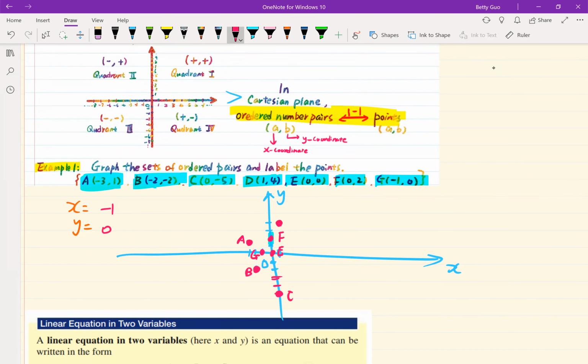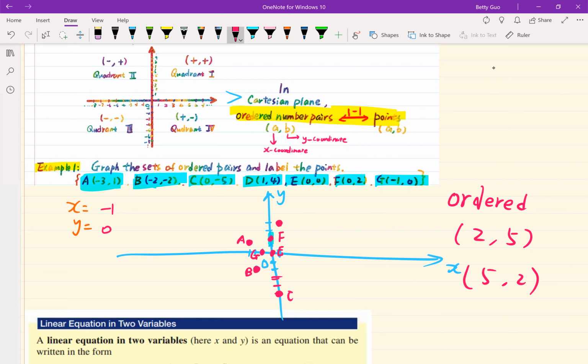One more thing I want to point out is that a point in a rectangular coordinate system is defined by an ordered number pair. Why an ordered number pair? For example, 2, 5 and 5, 2. Both pairs contain 2 and 5 as components, right? But the order of the two components is different. The first one is 2, 5.